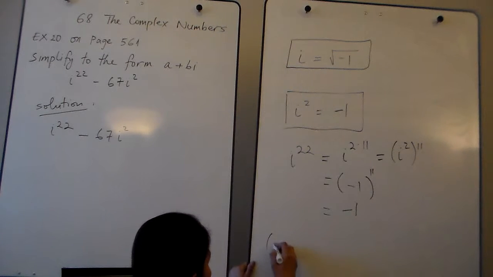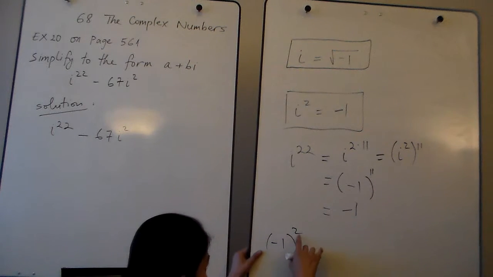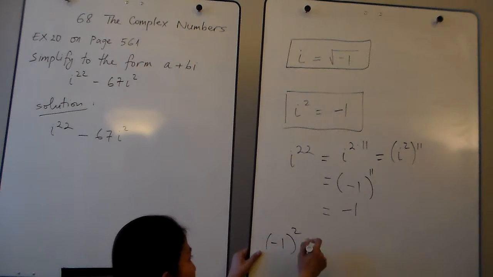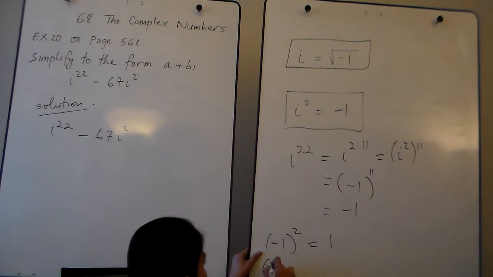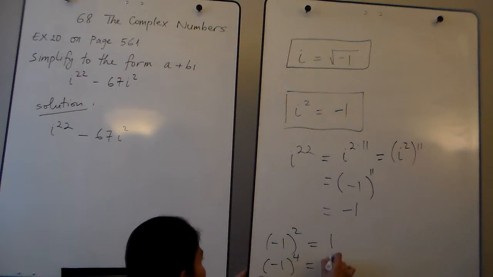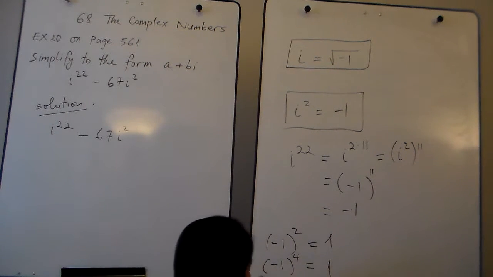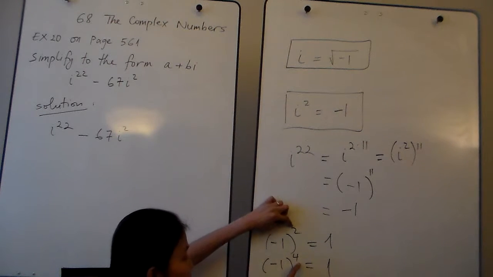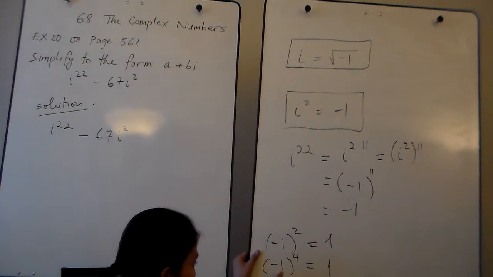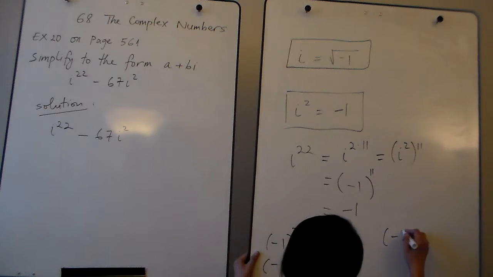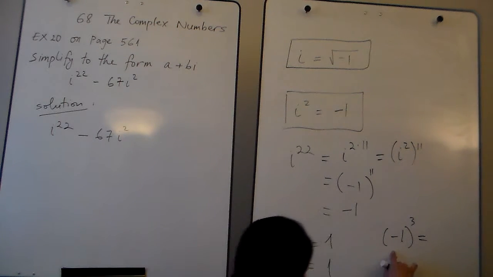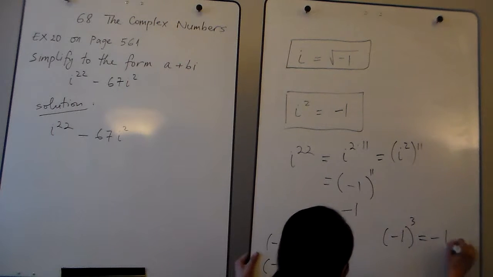Think about -1 when you square it: the exponent is even, so it will be +1. And -i to the 4th power, when you square it, you are guaranteed to get +1. For any even exponent, a negative value becomes positive. But for an odd exponent, like the 3rd power, when you cube it, it equals -1.